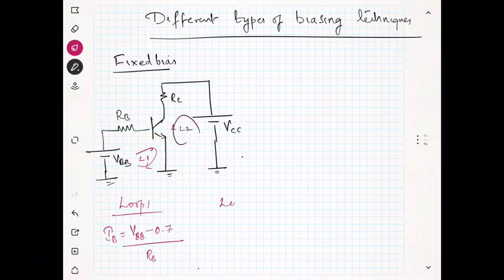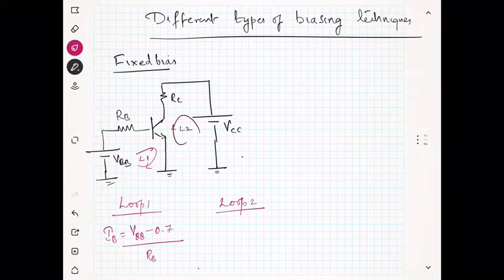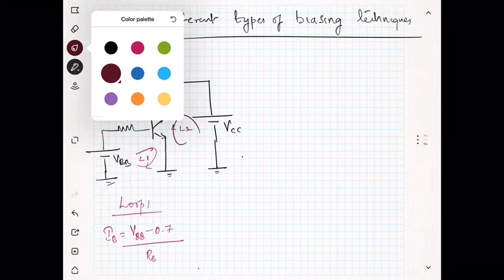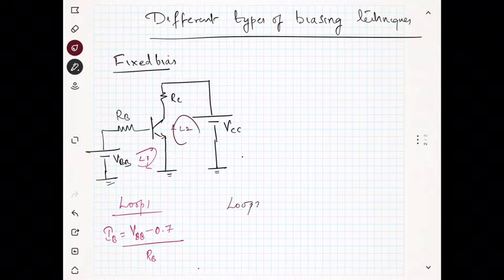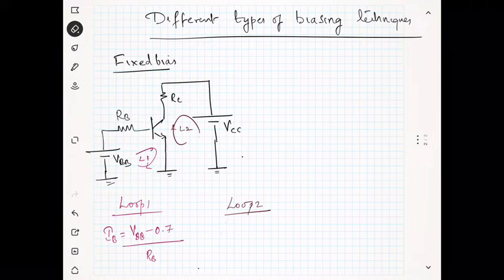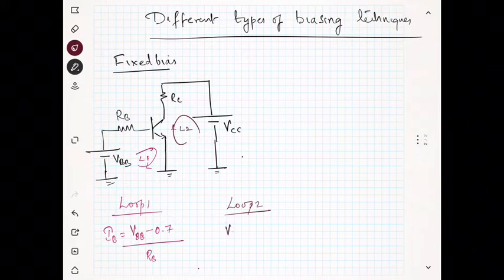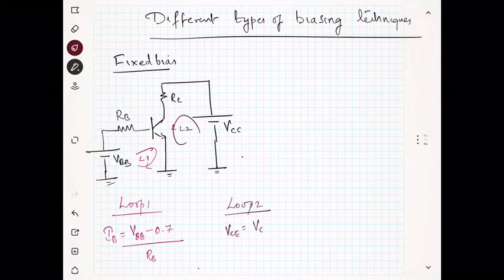And in loop 2, we got VCE, which is equal to VCC minus IC RC.